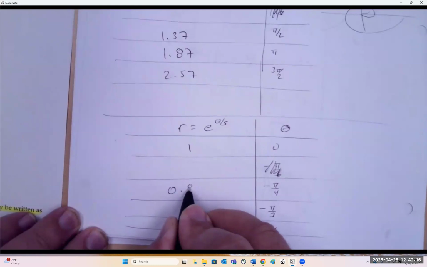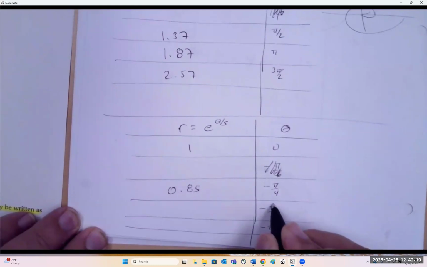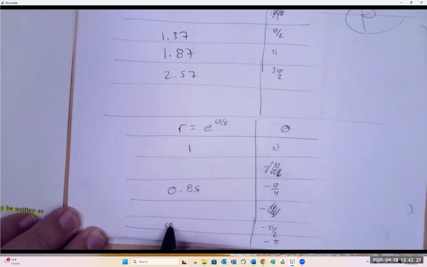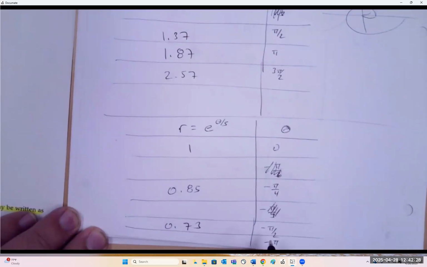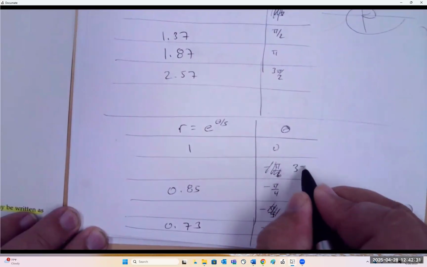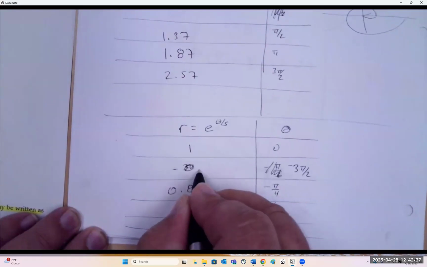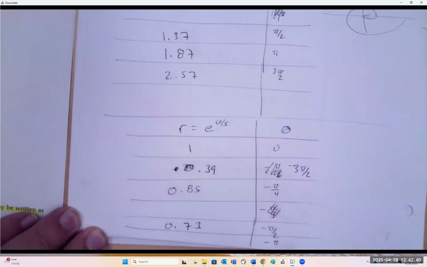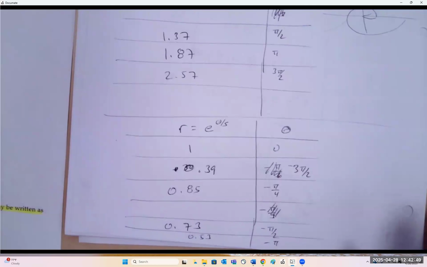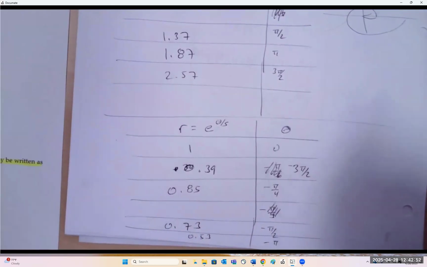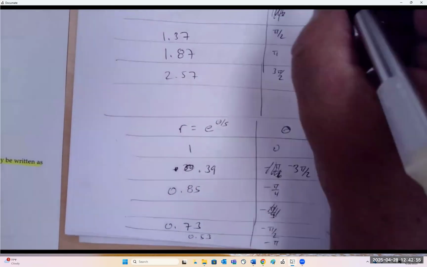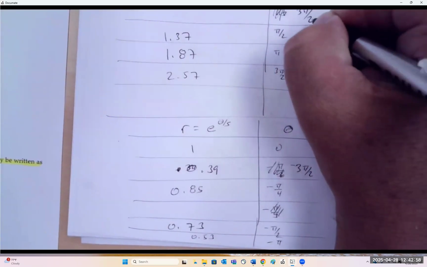Pi over 4 is pi over 3. Can't use that one. Pi. 3 pi over 2. Negative pi is 0.53. Make this one 3 pi over 2.